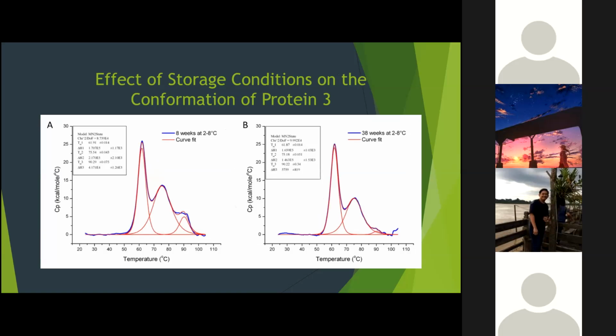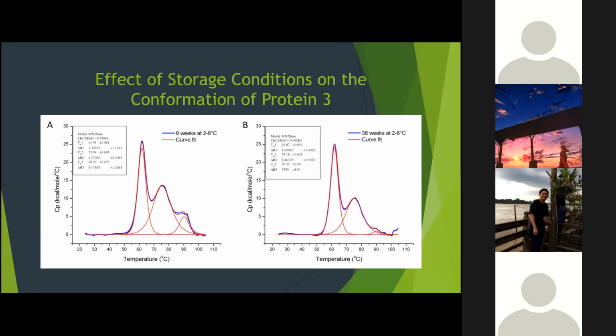So this one shows the effect of storage condition on the conformation of protein 3. So this figure illustrates the degradation of a domain, which was confirmed by a decrease in molecular weight when the samples were analyzed using size exclusion chromatography with multi-angle light scattering.